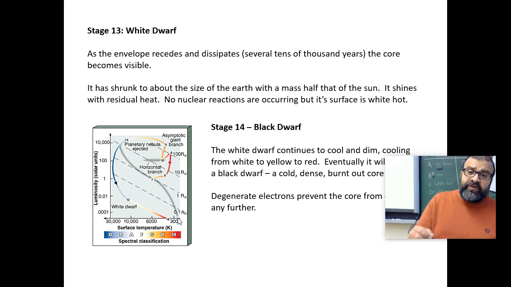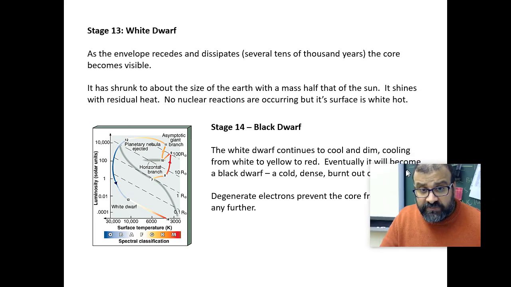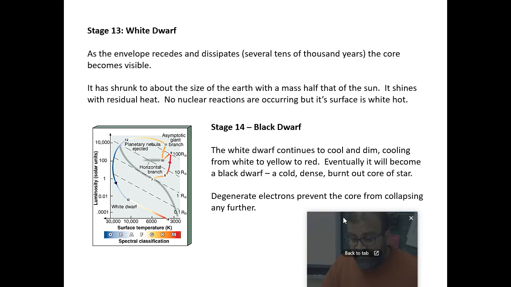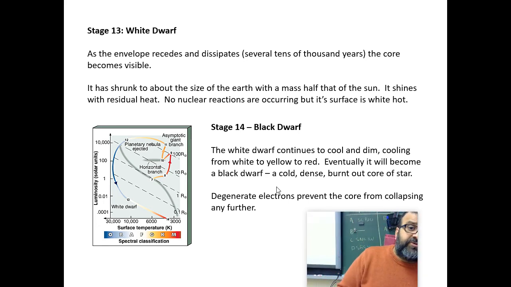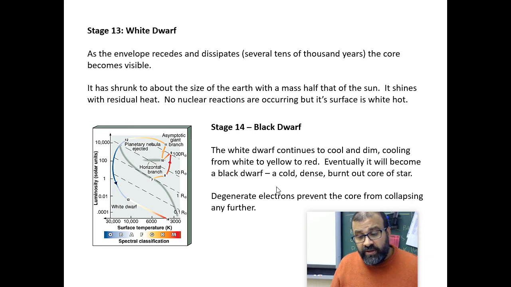And since the white dwarfs are no longer making heat, they will start to cool. There's no fusion. There's no more compression due to gravity because it can't compress any further due to electron pressure. So they are going to cool. This cooling will take millions and millions of years, but eventually they'll go from a white dwarf, and as they get cooler, they'll become yellow and then red.